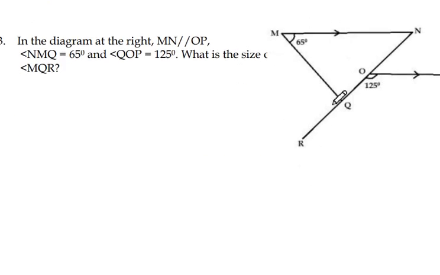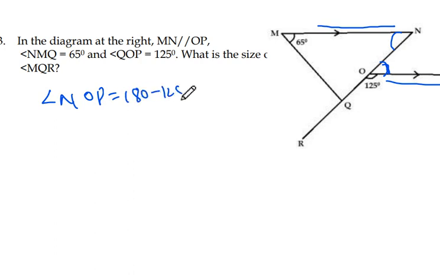Then number 3, the figure at the right. Now I didn't explain this to you. Alternate angles are equal. What are alternate angles? They are Z-shaped angles. When two lines are parallel, see this line is parallel to this line, so that means this angle is equal to this angle. So let's first get this angle. What would this angle be? So angle NOP is equal to 180 minus 125.